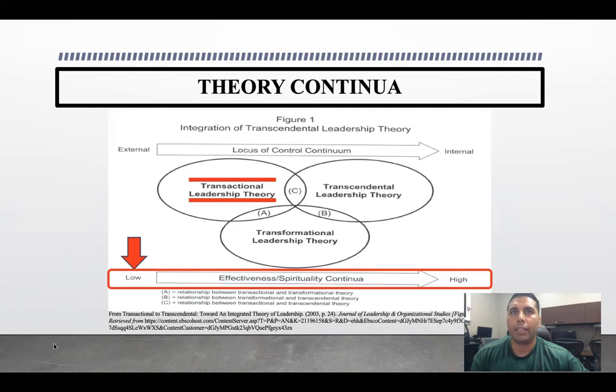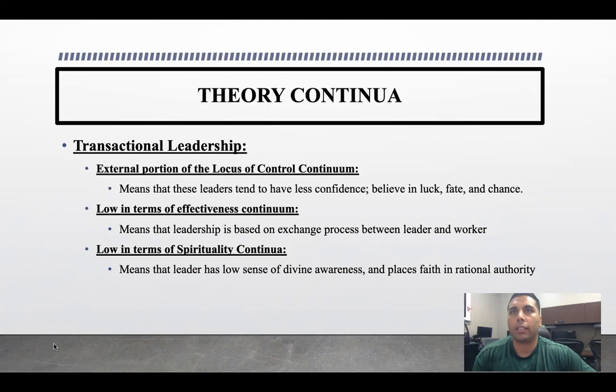After seeing where the transactional leadership style was positioned on the previous figure, we can discuss what this means. Since the transactional leadership theory was placed near the external portion of the upper locus of control continuum, this means that these leaders have less confidence and also believe in luck, fate, and chance.